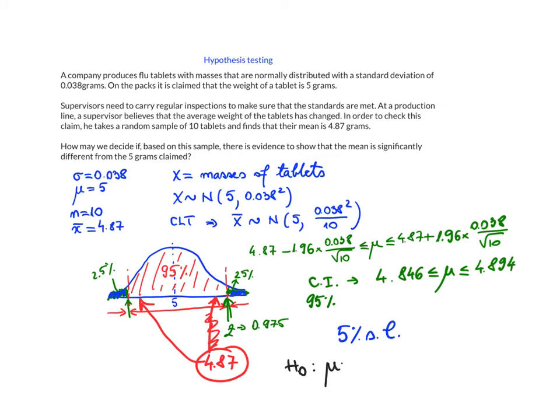And in my case, the null hypothesis is that the mean is 5. The other hypothesis is the alternative hypothesis. And in my case, it is that the mean is not 5. The supervisor in this case doesn't test whether the weight of the tablets is lower or higher. It just checks if it's different. That's why this is called a two-tail test.